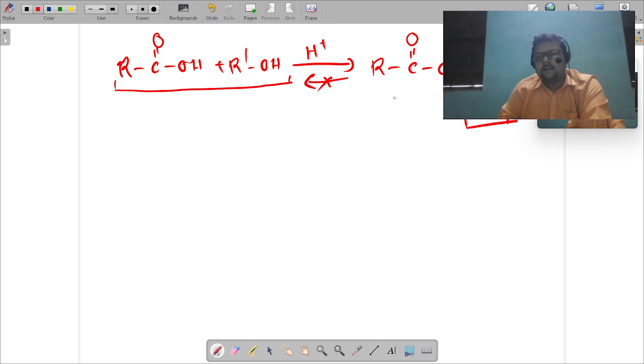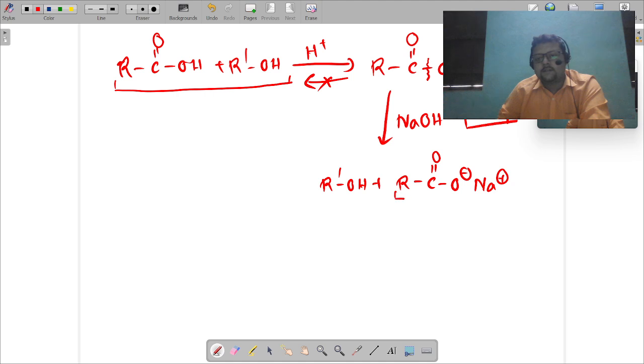And if we react a base, let's say NaOH, with this ester, it will break and we will get back our alcohol and we will get a sodium salt of the starting carboxylic acid.